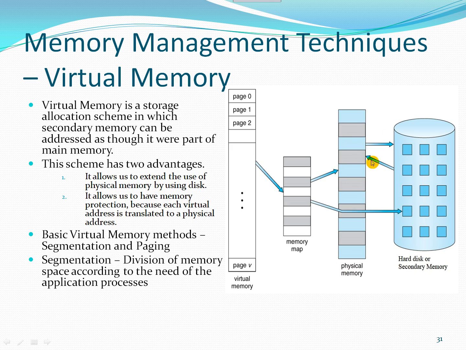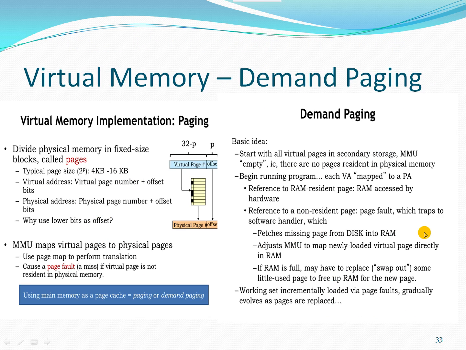After the program has been executed, the variables are updated. After updating the variables, the file is copied back into the hard disk with the help of the address translated in this memory map. This is the process of paging.